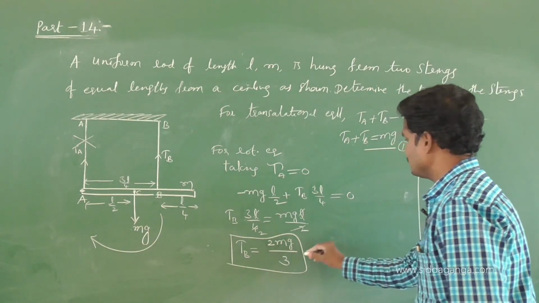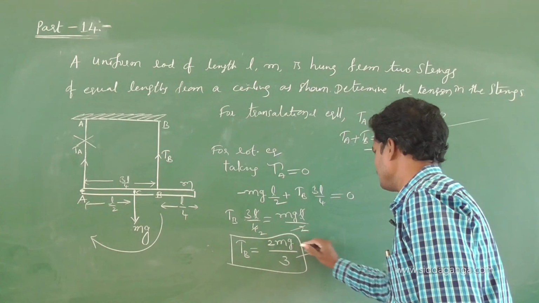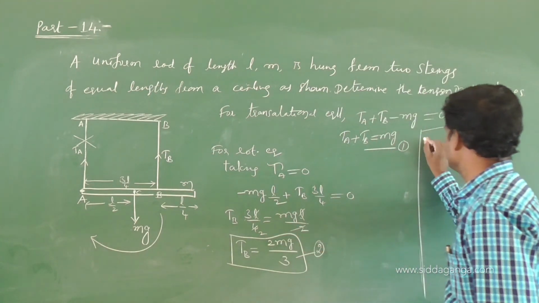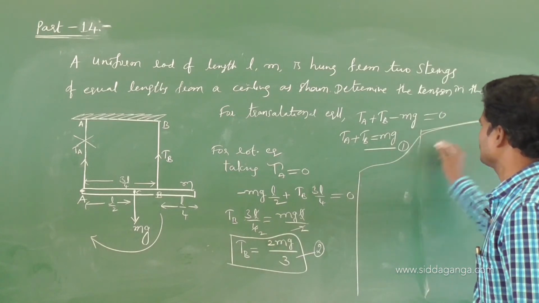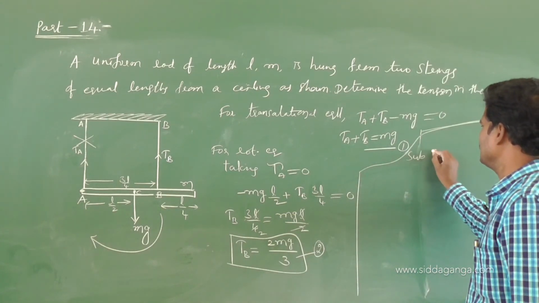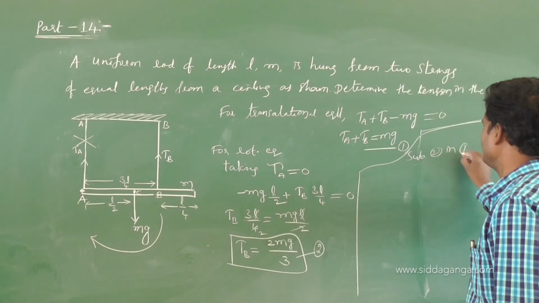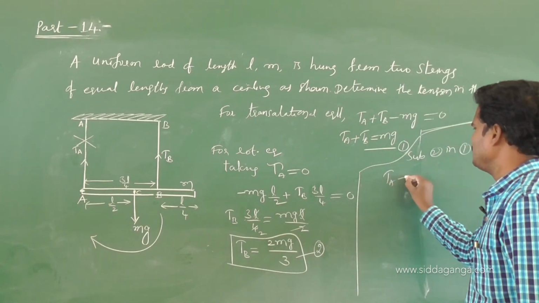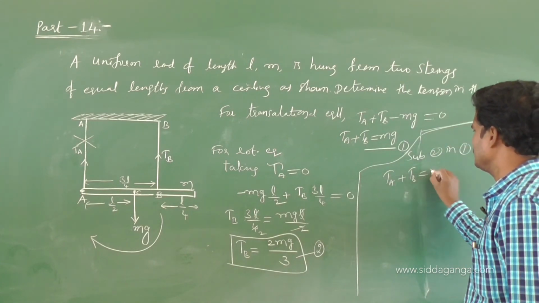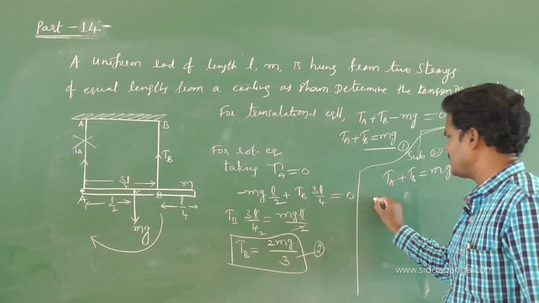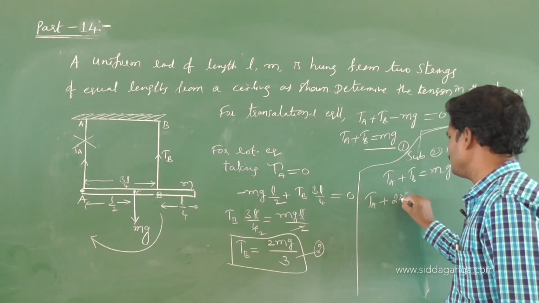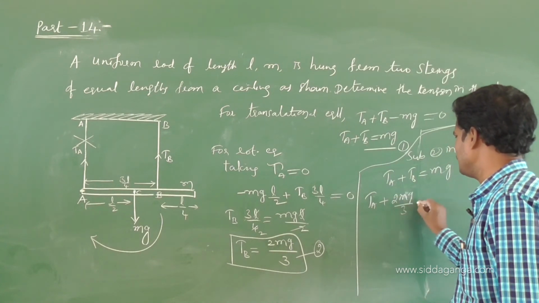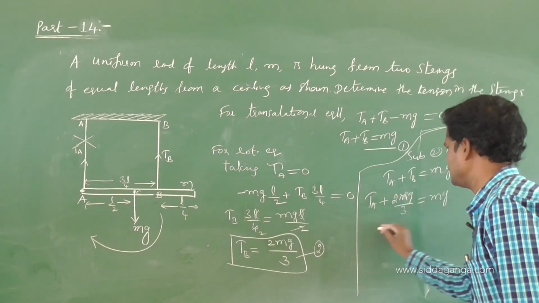Now substitute equation 2 in equation 1. What is equation 1? TA plus TB is equal to mg. So TA plus 2mg by 3 is mg.